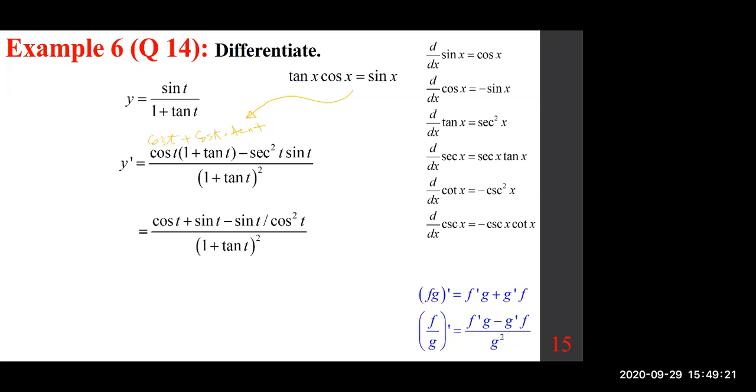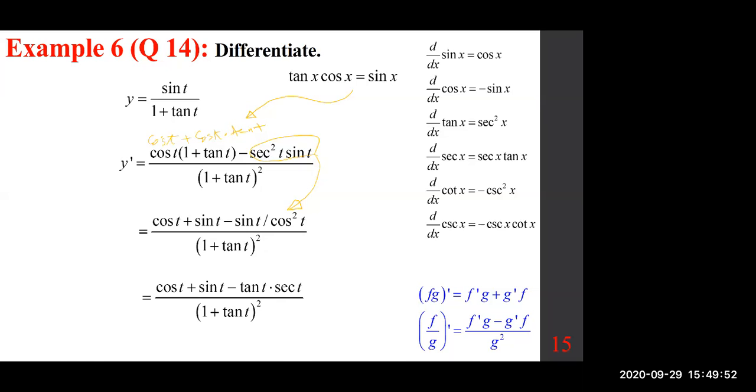Now, if you didn't change this one, class, that's fine. It's really not that big of a deal because it doesn't really simplify a lot. However, if you change it, secant is 1 over cosine and secant squared is 1 over cosine squared, then you can write this as tangent and secant.